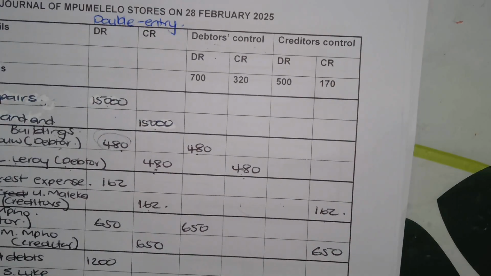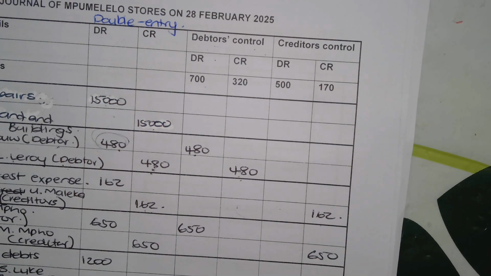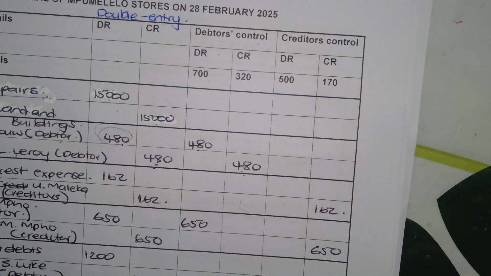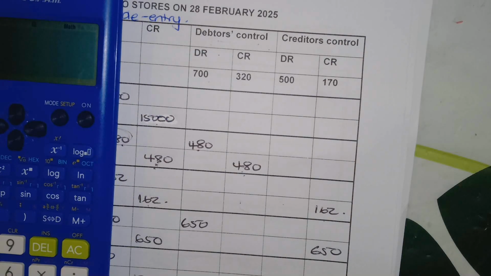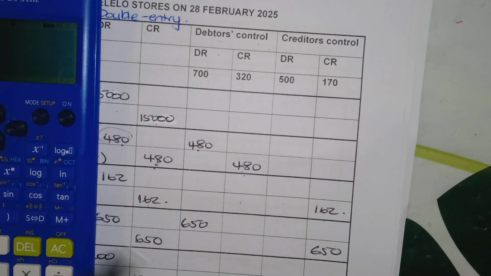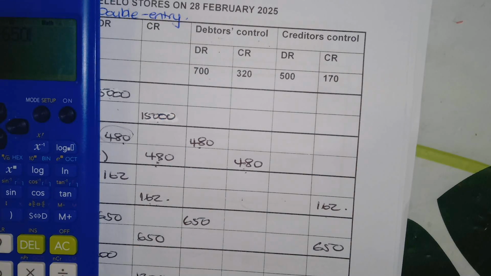And for you to total, you need to first take the totals at the top, which was 700 on the debit side of the debtors control. So you'll say 700 plus this 480 plus the 650, there's no other one, so it ends at 650.